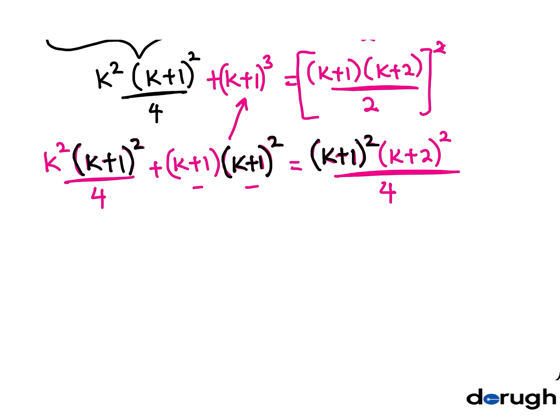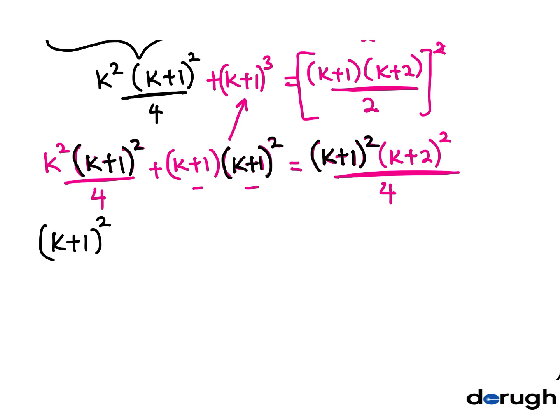So on the left hand side, we will factorize k plus 1 squared. So we have k plus 1 squared. Okay, so what will be left after we factorize k plus 1 squared? We will have k squared over 4, and then we will have k plus 1.